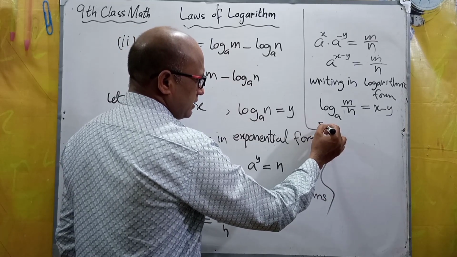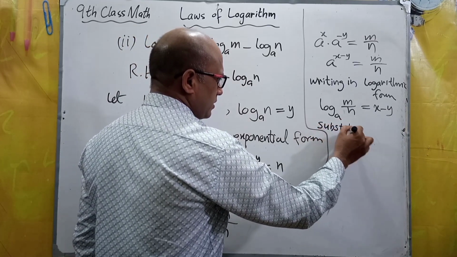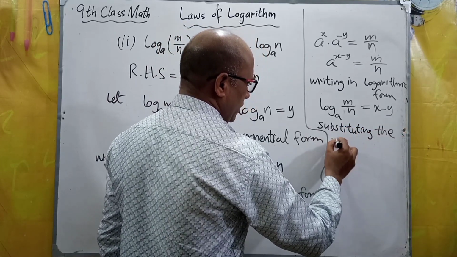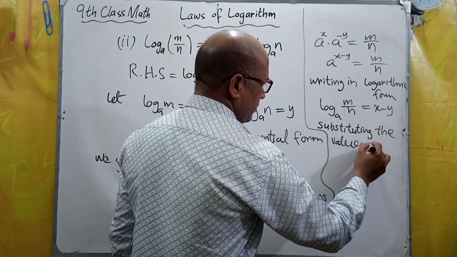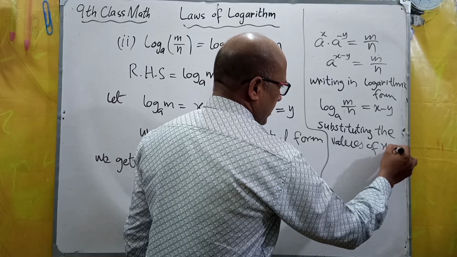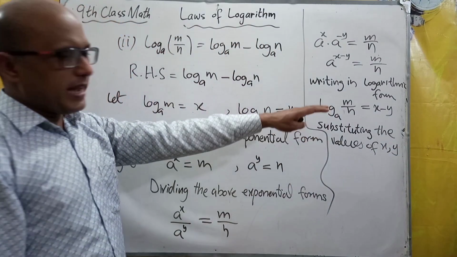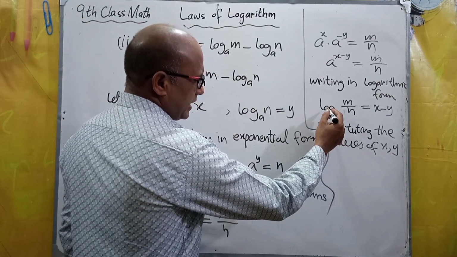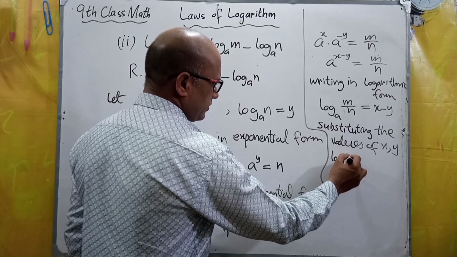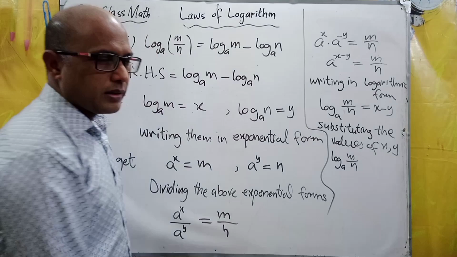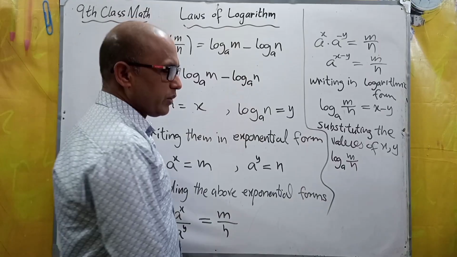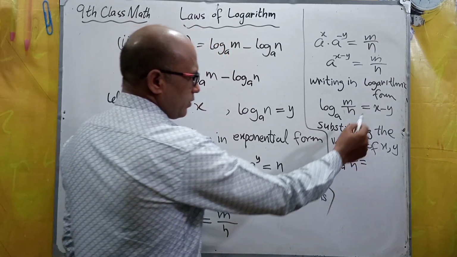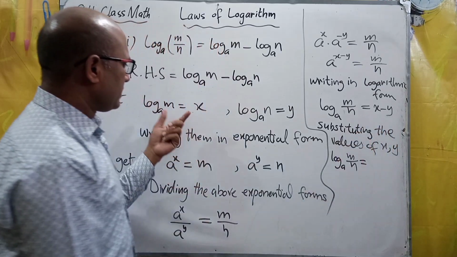We'll write, substituting the values of x and y. When we substitute, the left hand side will remain same, but on the right hand side we'll write the values of x and y.